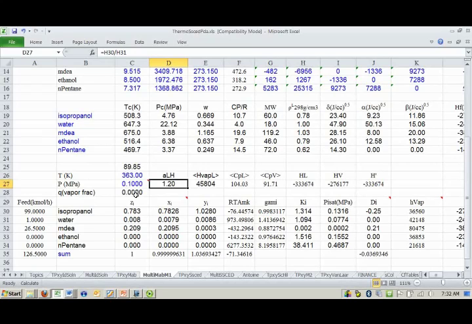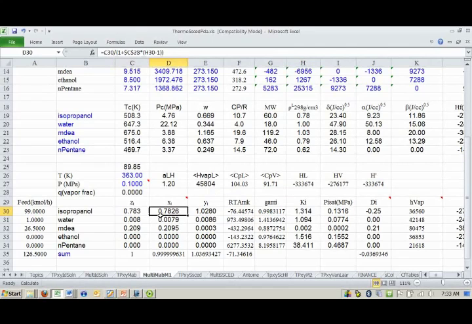Sometimes when we're doing a dew point calculation, these calculations get to be broken, essentially, because the mole fraction of the liquid affects the gamma, and the gamma affects the K, which according to this formula affects the gamma, which affects the K, which affects the X, and so on.